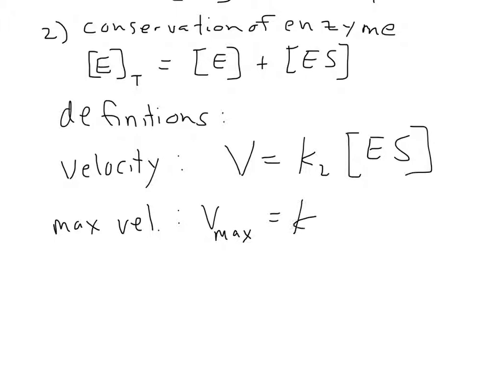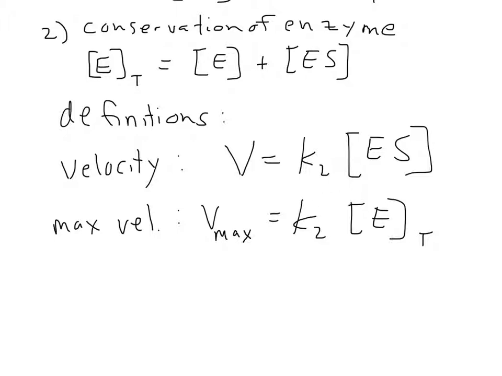So this is the Vmax, we call it, the maximum possible velocity in the reaction when the enzyme is, as we say, saturated. So we call this saturation of our enzyme, or saturating conditions of the assay.